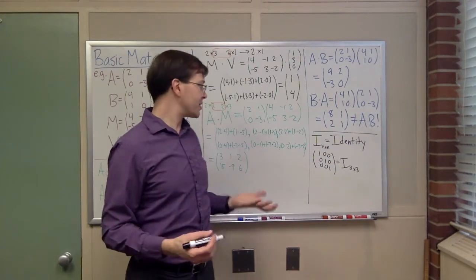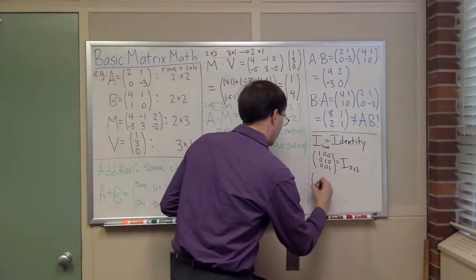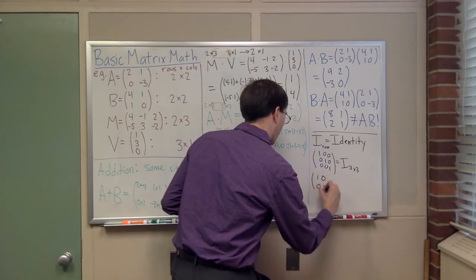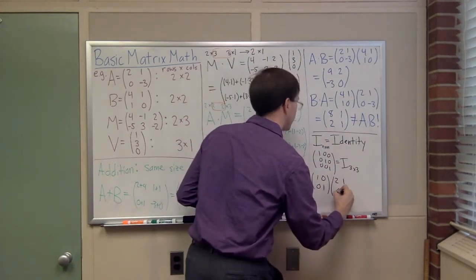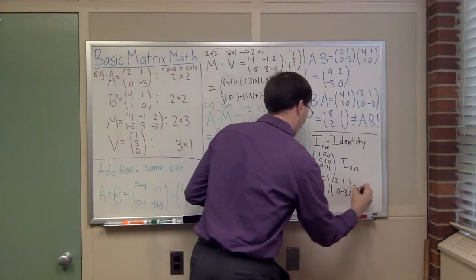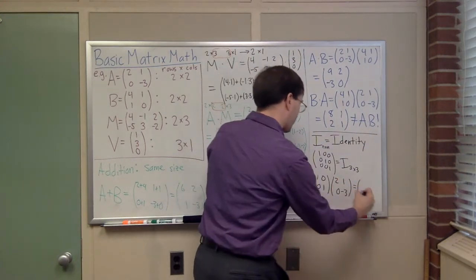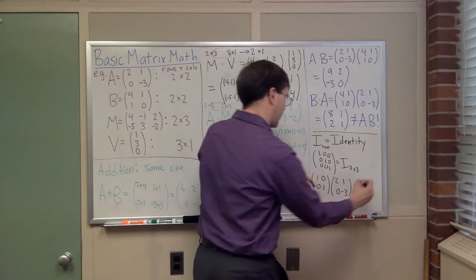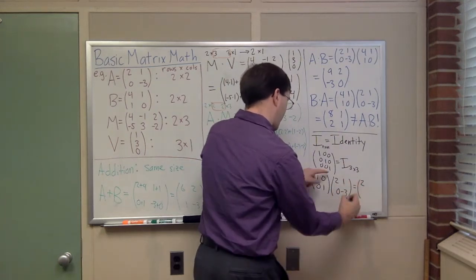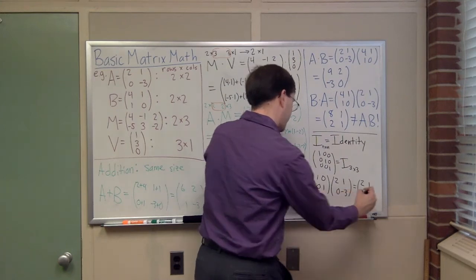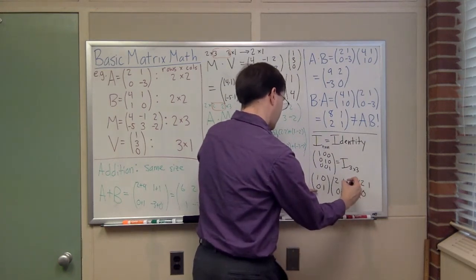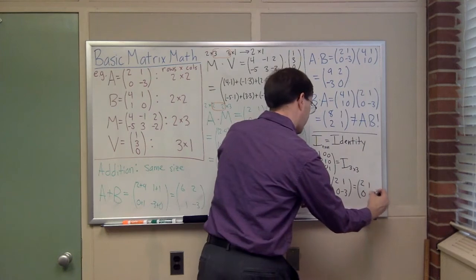That's called the identity matrix because it turns out, let's just try it, if I do 1, 0, 0, 1 times, let's use our matrix A, 2, 1, 0, minus 3, our result will be 1 times 2 is 2 plus 0, 1 times 1 is 1 plus 0, 2 times 0 plus 1 times 0 is 0, and 0 times 1 minus 3 is minus 3.